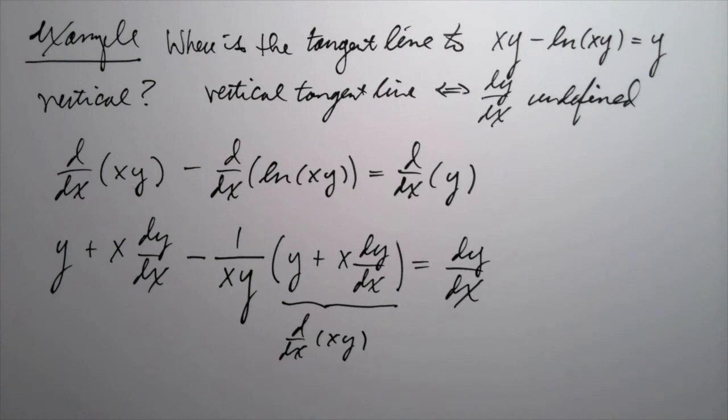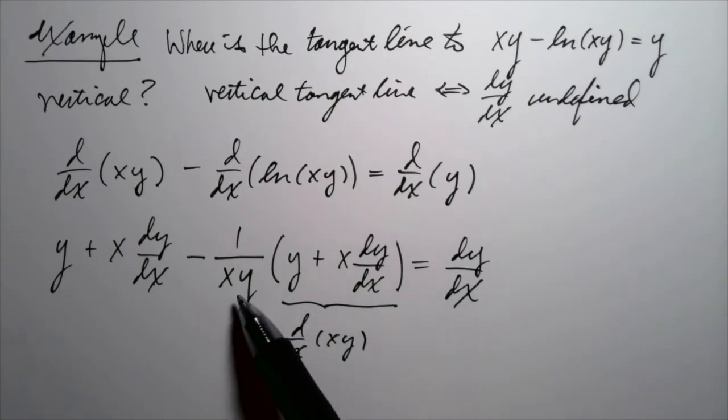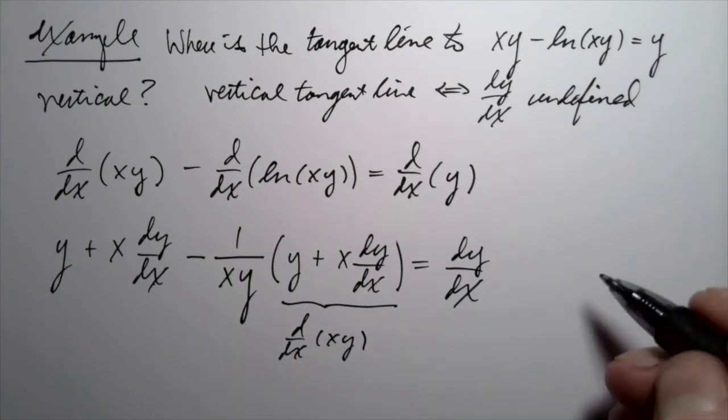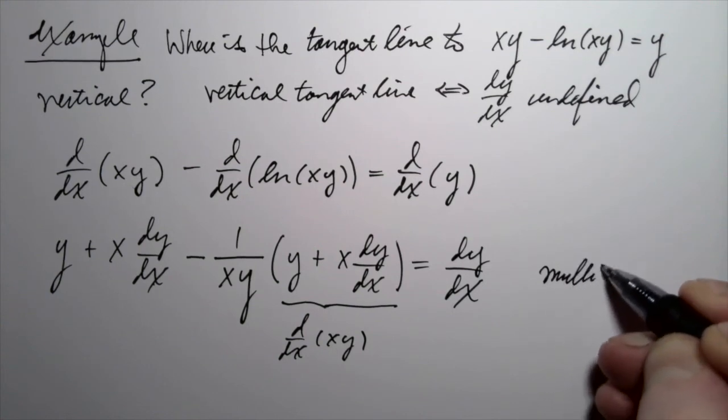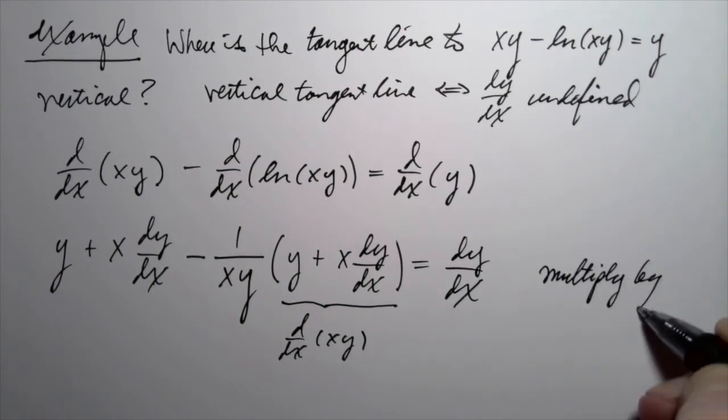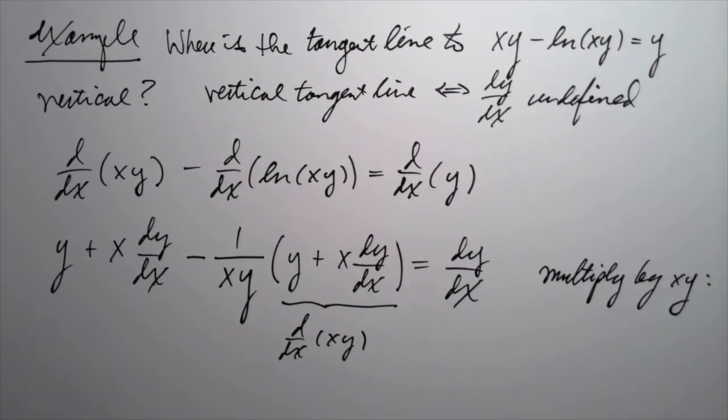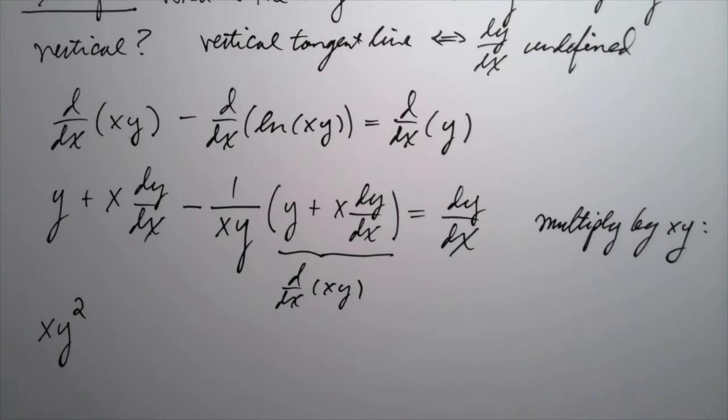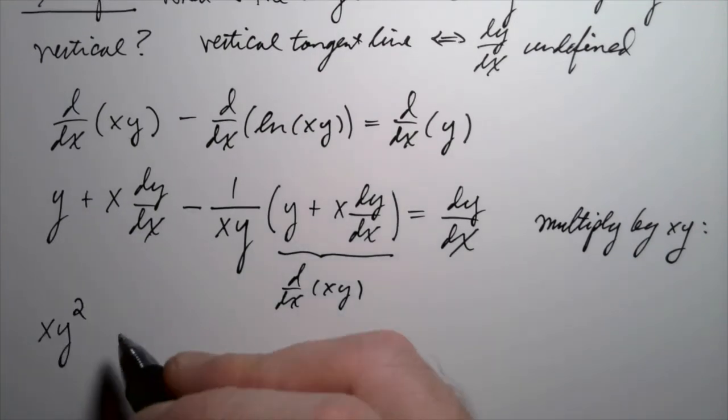Okay, this looks a little complicated. We have the derivative that we want 3 different times. That's what we're trying to solve for. I'm going to simplify things by multiplying the entire equation by xy. You don't need to do it this way, but it'll make the algebra easier. So if I multiply everything by xy, what happens to the first term? We have xy times y, that's xy squared.